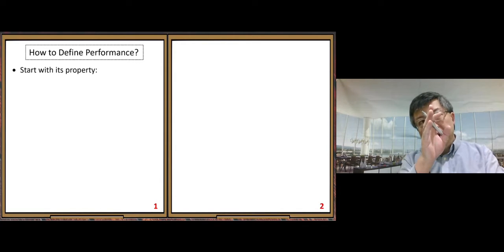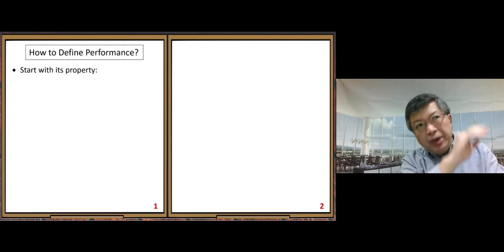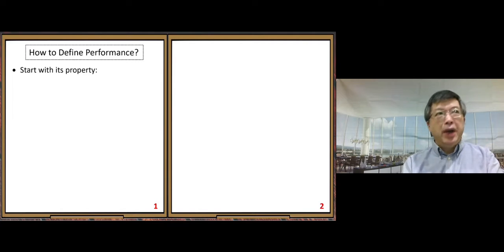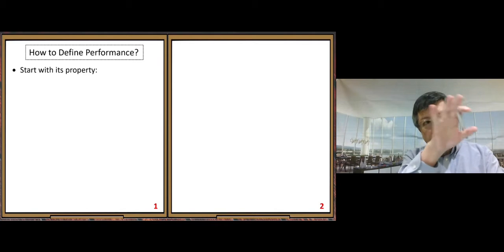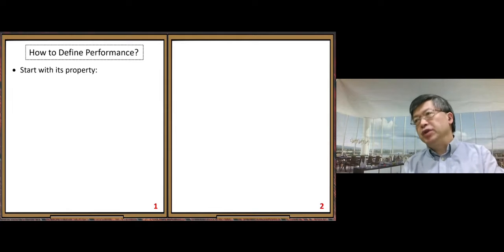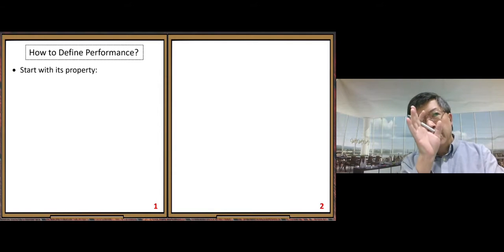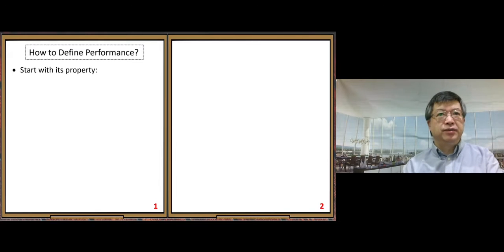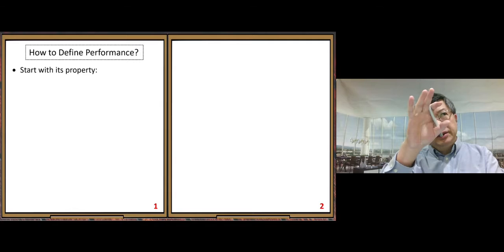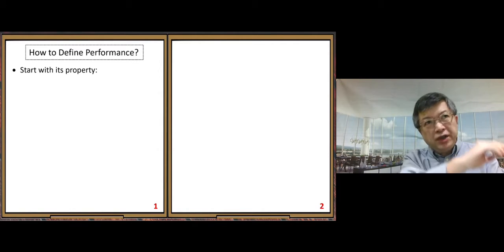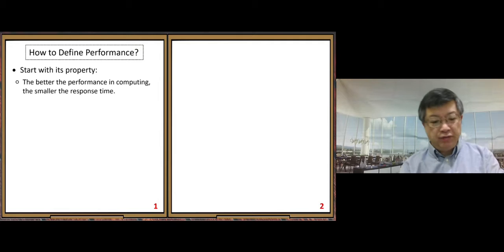First, we want to look at its properties. In order to give a good description or definition, we want to look at its properties first. Here, I list several basic facts about performance.